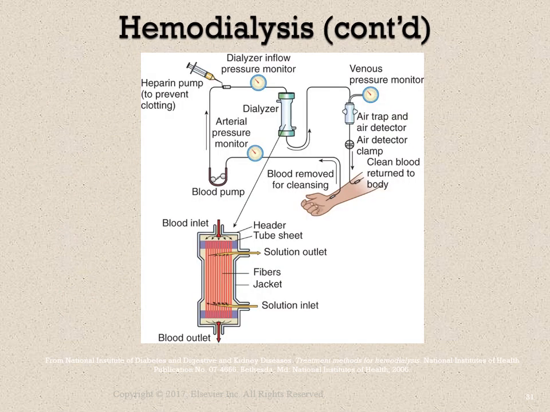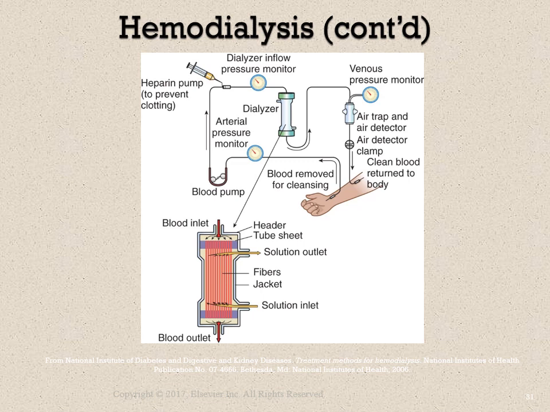Here's our picture of hemodialysis. Right in the middle of the top picture, we have the dialyzer. This is our artificial kidney, okay? This is what works like a kidney. So top picture right in the middle, that's our artificial kidney. It's going to do that filtration that our kidney should be doing. On the right, we have the patient's arm. They're removing the blood and it's going through this process all the way to that fake kidney where it's going to be filtered, and eventually it's going to have the clean blood go back into the body.